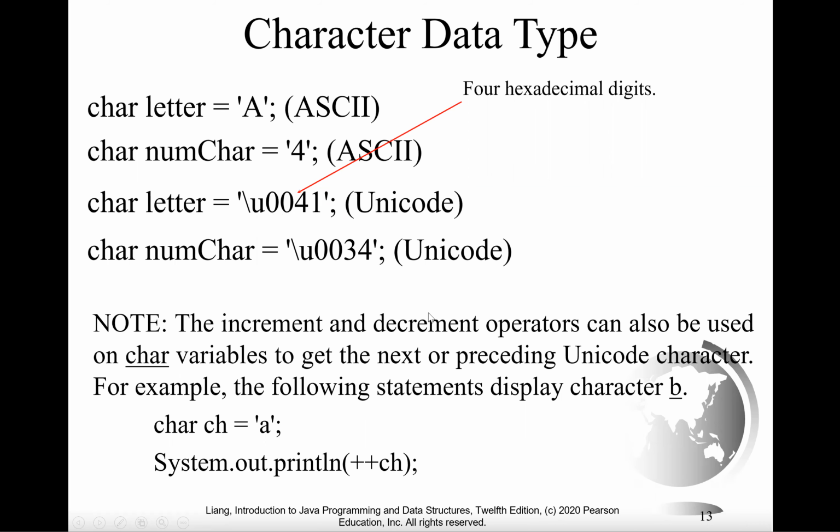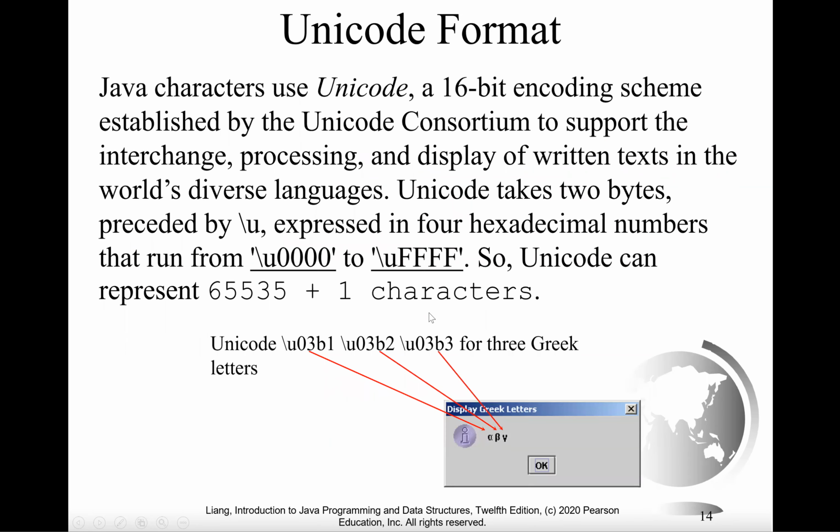Now let's look at Unicode here. Unicode, which is what Java uses, is a 16-bit encoding scheme to support the interchange, processing, and display of written text in the world's diverse languages.